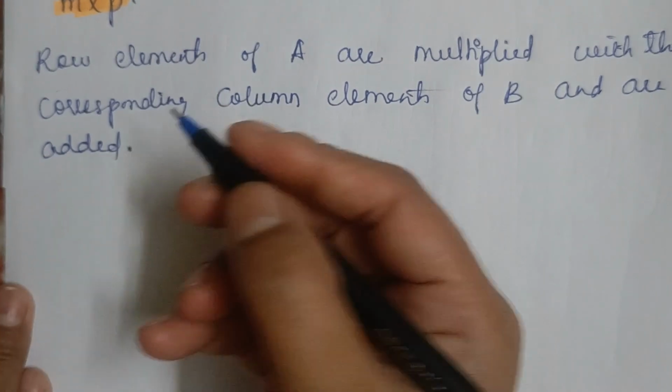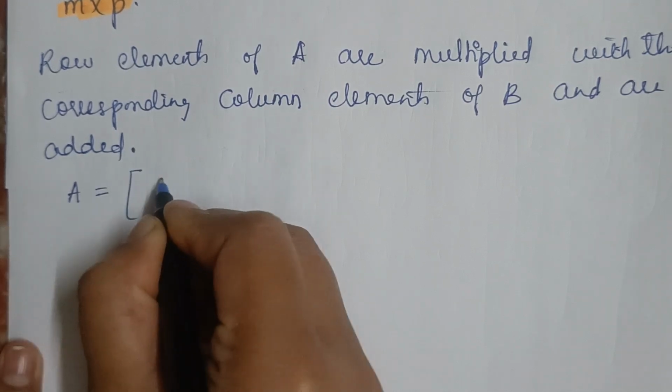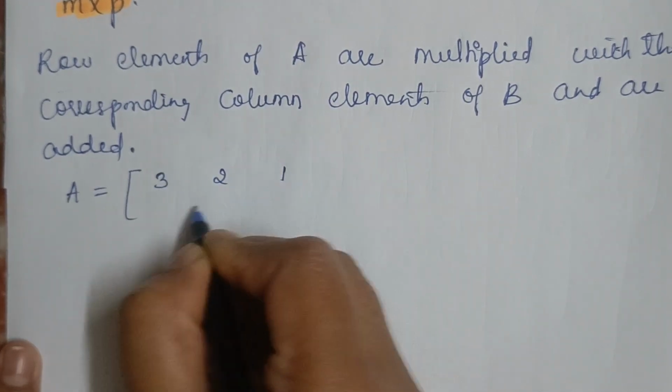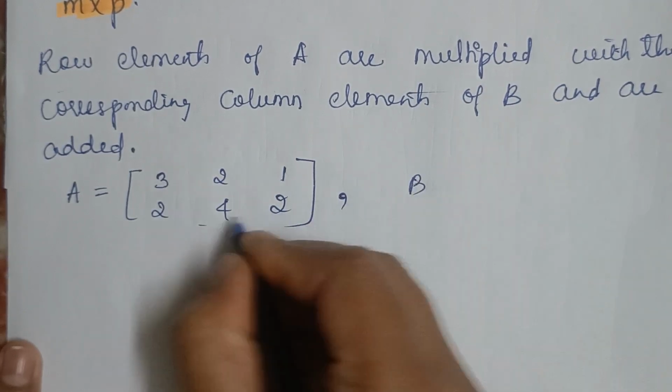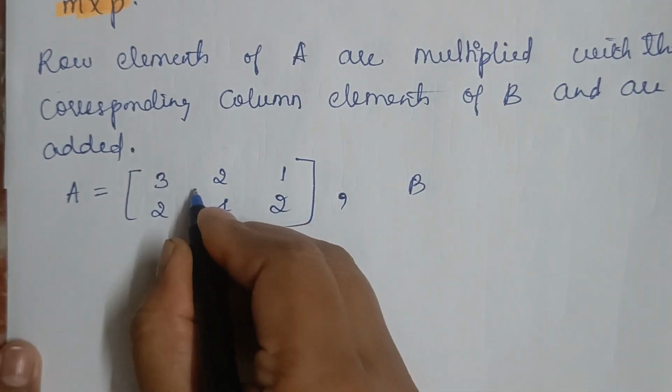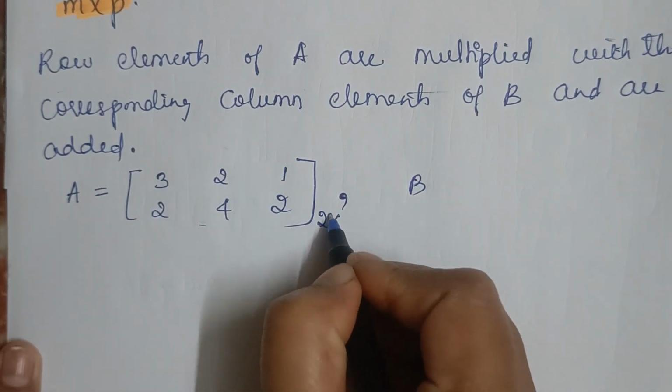Okay, so let me consider a matrix A equal to 3, 2, 1, 2, 4, 2. And the order of this matrix is what? Rows are 2 and columns are 3. So 2 by 3.